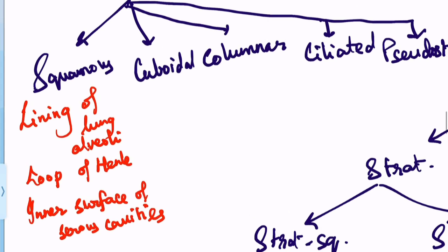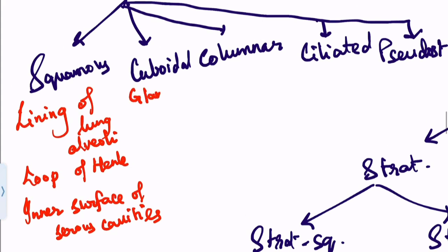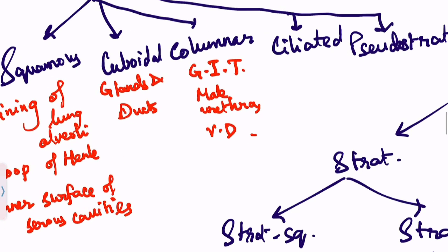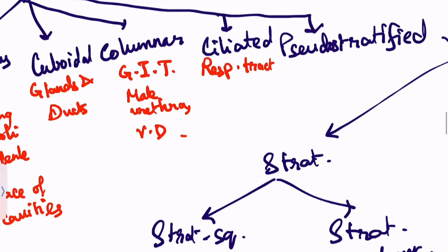Etc. Cuboidal, mainly glands and ducts of glands. Columnar is GIT, gastrointestinal tract, right? Male urethra, vas deferens. Then ciliated, mainly respiratory tract, right?